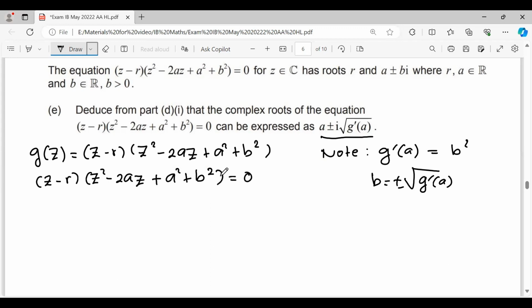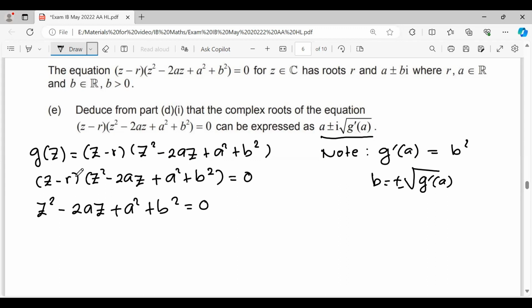We can state that z equals r, or z squared minus 2az plus a squared plus b squared equals 0.